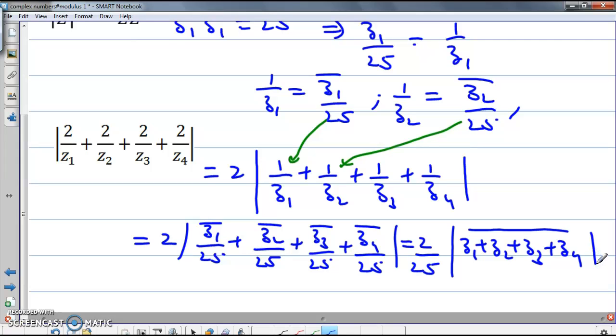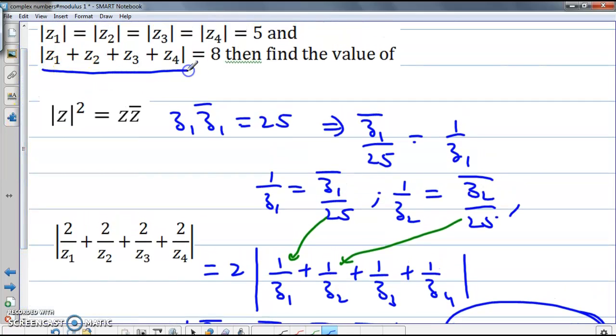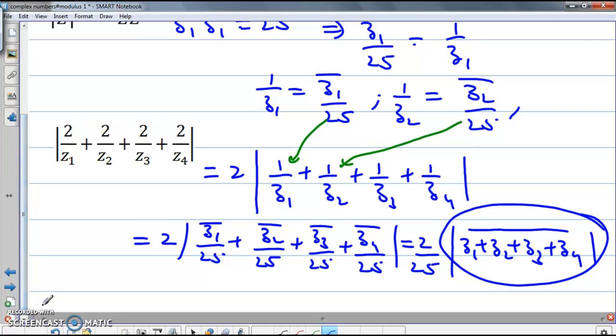And now since mod of z conjugate is equal to mod of z, this is equal to mod of z1 plus z2 plus z3 plus z4, which is equal to 8. So we get 2 upon 25 times 8, which is equal to 16 upon 25 as the answer of this problem.